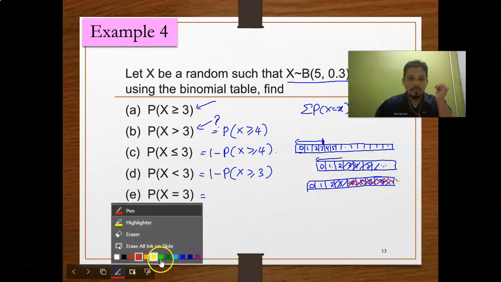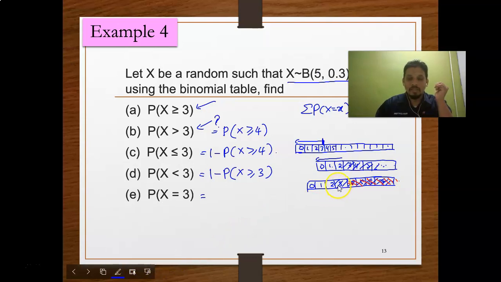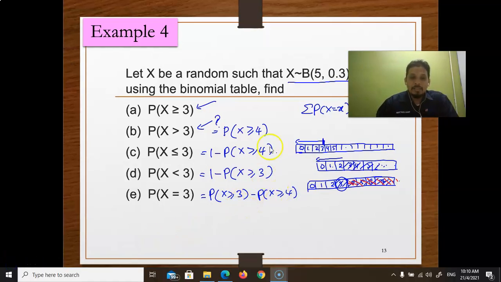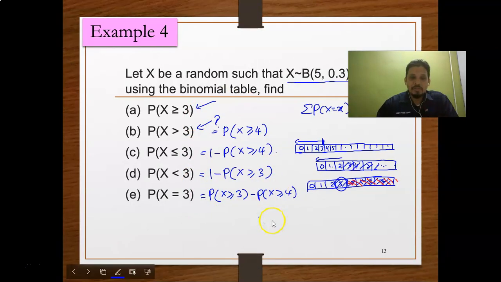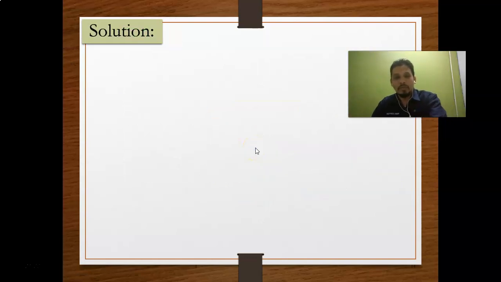So the probability of x greater than or equal to 3 minus the probability of x greater than or equal to 4 gives us the probability of x equal to 3. So class, this is the rough picture of how to find the solution of this question using the statistical table. Let's solve it one by one.